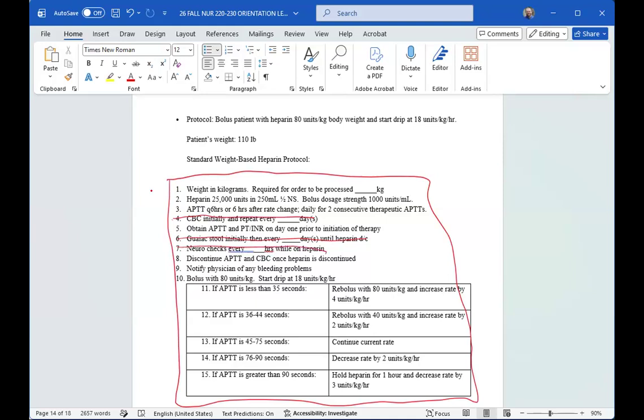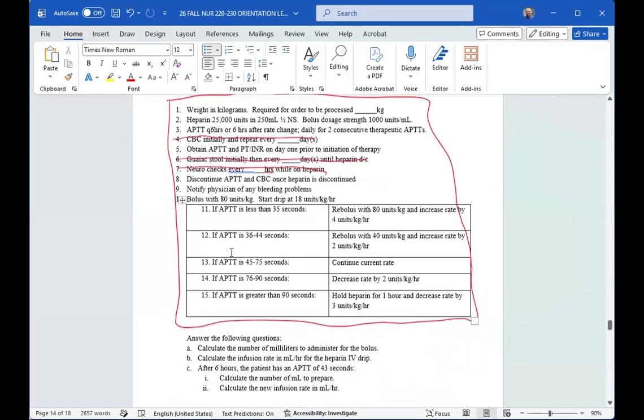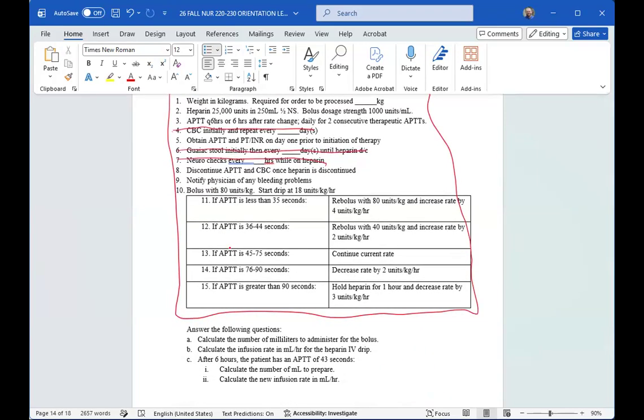Okay. So the questions are actually going to be found down here. This is what you're actually answering for question 25. I gave you 4 questions. A, B is like part 1, part 2, and then C has part 1, part 2, which is again 2 different questions.